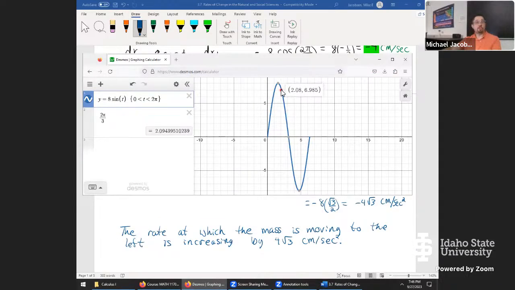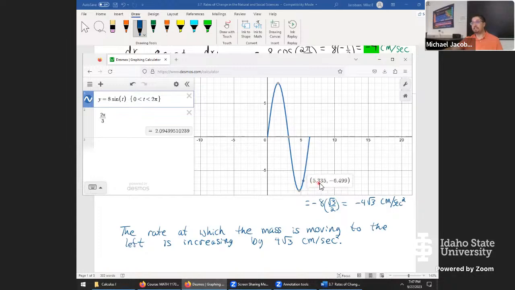The mass is moving downwards, but the rate at which it's moving downwards is actually increasing as well. It gets faster and faster until it gets to right around here, the inflection point. Then the rate at which it's moving down is slowing. It's starting to level off. It gets at its slowest once it gets to here.